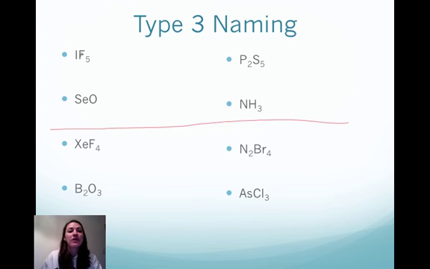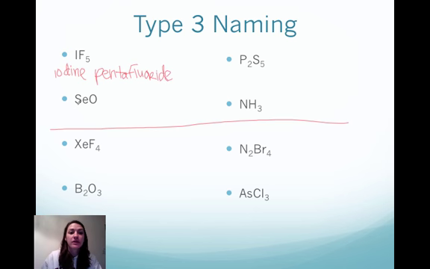First one, this is going to be an I. Because there's only one iodine, we're not going to write mono because it's the first element. So we're going to write iodine, penta, because there's 5, fluoride. Let's try the next one.